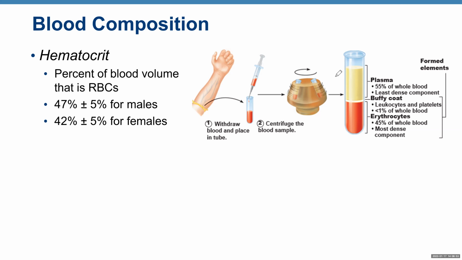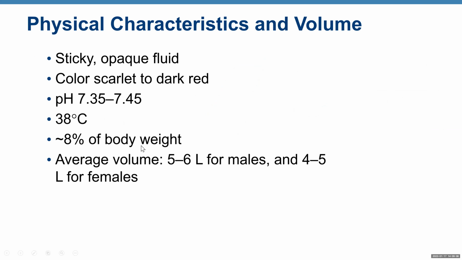Now, normal hematocrit is about 45%, a little bit higher for males than females: 47 plus or minus 5% for males and 42 plus or minus 5 for females.